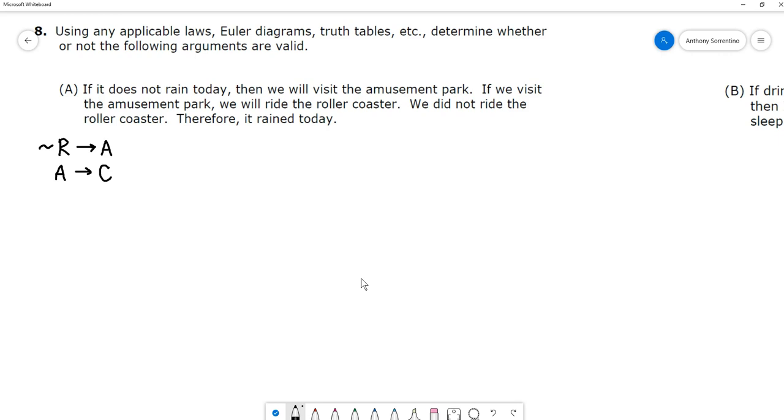So we're being told in our third statement, this is in fact true. Therefore, it rained today. Oh, sorry, we did not ride the roller coaster. It's not C. I mixed up my own symbols. Not C. Therefore, we're going to assume, okay, then R.